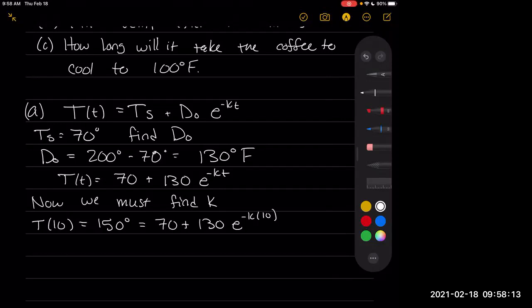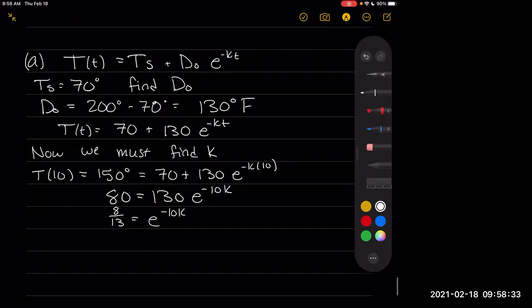If we subtract 70 from both sides, we end up with 80 equals 130 e to the minus 10k. Now we're going to divide both sides by 130. So we end up with 8 over 13 equals e to the minus 10k.